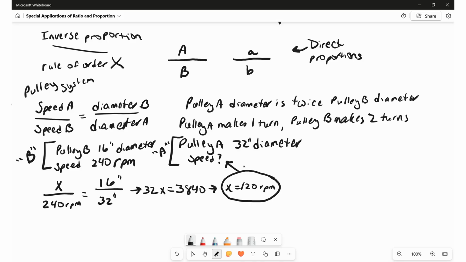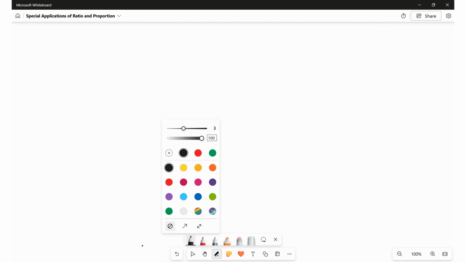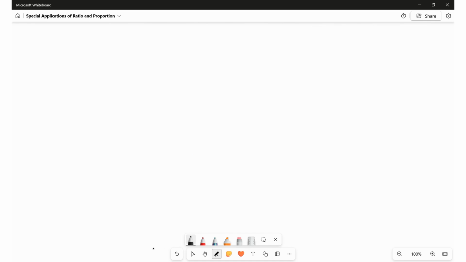Okay. And then just finally, last thing, let's do a direct proportion, something that most of us have done. We're going to take a trip. Okay. So here we have a direct proportion. Okay.